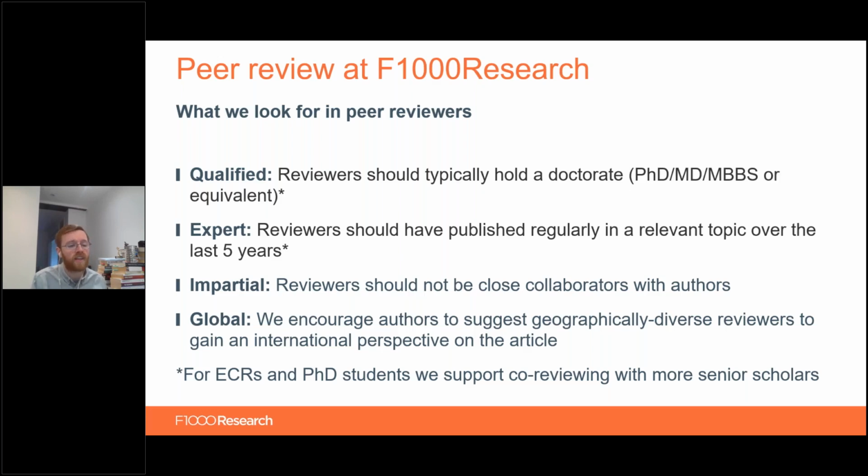That allows us to assure the authors that the person reviewing the article is fully qualified, and to make sure that we're holding to firm standards, but it also provides a great opportunity for PhD students and ECRs to really train up in peer reviewing.